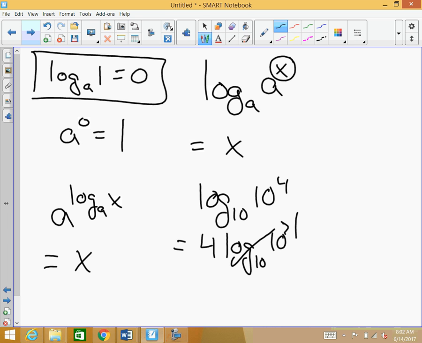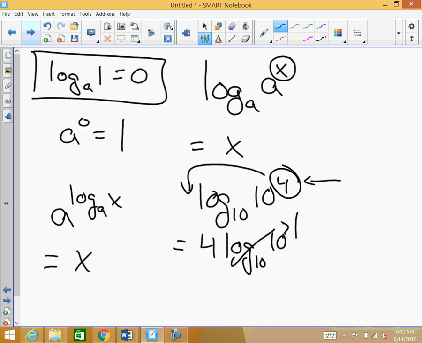Whenever you have these exponents within the logarithm, they merely move to the front. So it would be 4 times log base 10 of 10. That's a very important little trick, this moving of an exponent within the logarithm to the front. And that actually helps take care of a lot of issues and questions we can see a little later on.